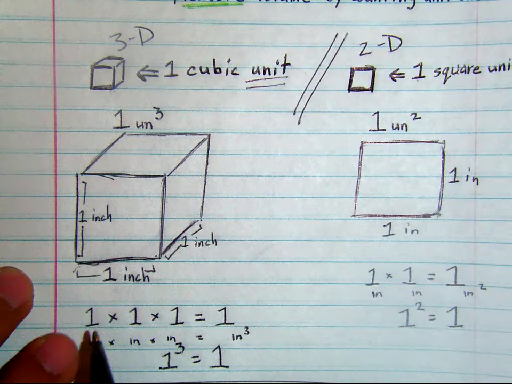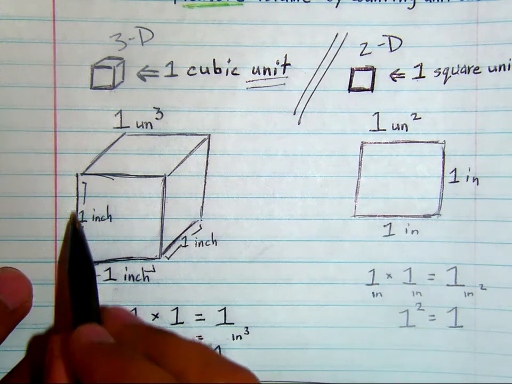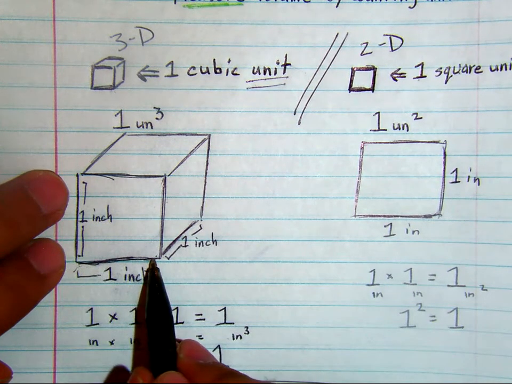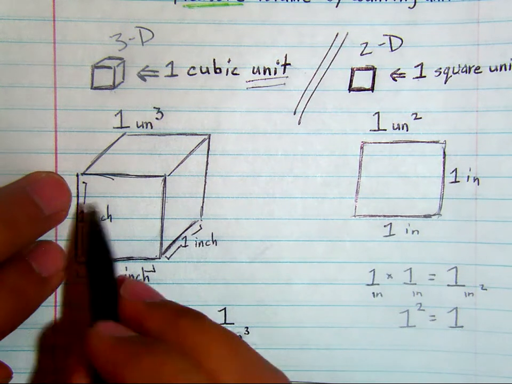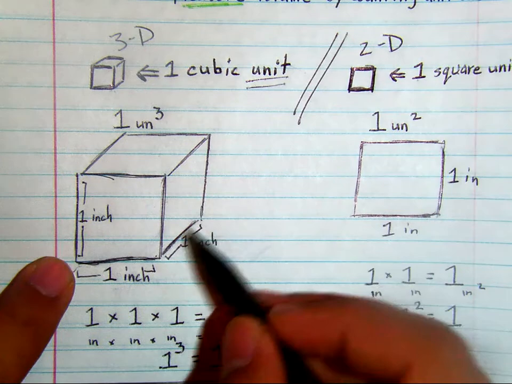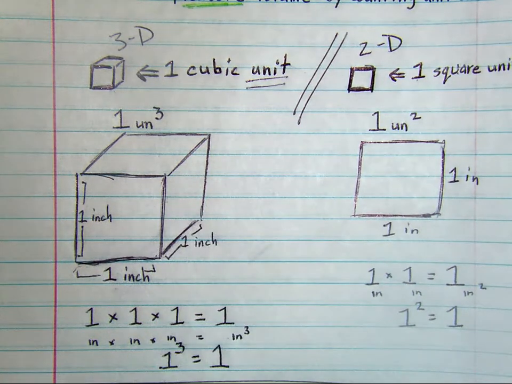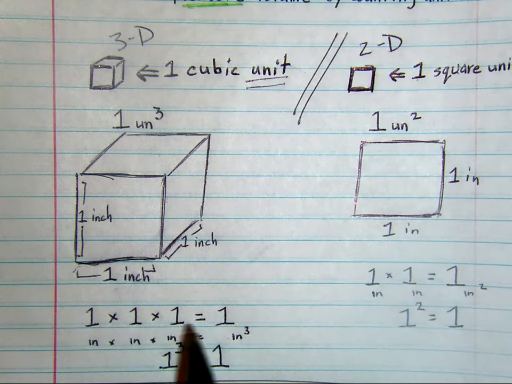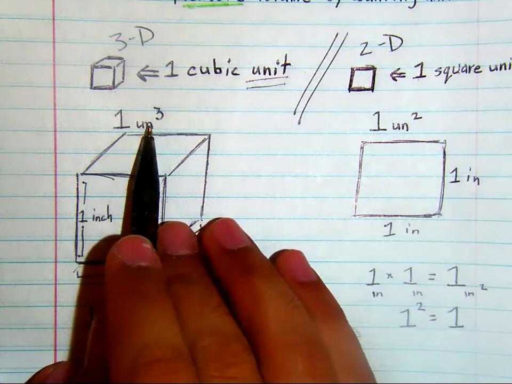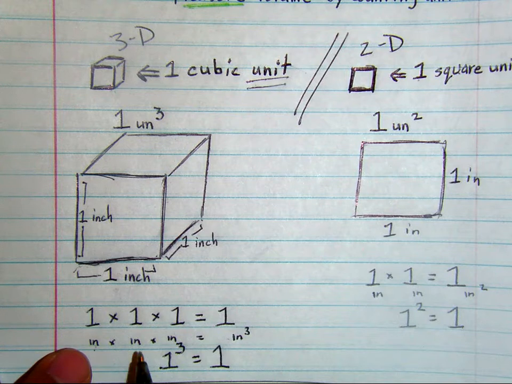And what you need to also recognize is that each one of these measurements, just like finding the area of a square, 1 times 1, when it comes to cubic units, you're now measuring the height times the width times the length. Now you're measuring 3 different measurements of that cube. So 1 times 1 times 1, 1. But the reason why we say cubic units or units cubed is because we're also multiplying the actual unit.